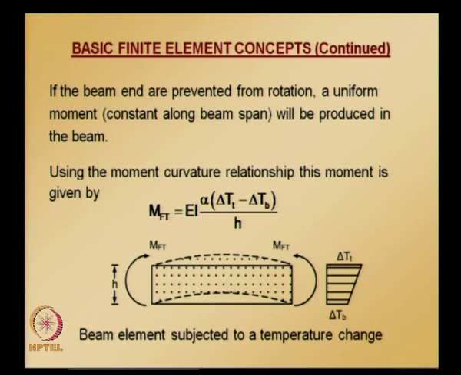This is the fixed end moment because of temperature, so it is denoted with capital M subscript ft, and we know curvature. So, curvature times modulus of rigidity gives us moment.